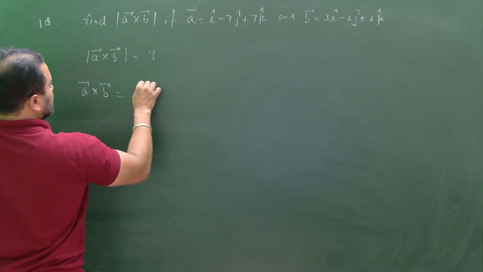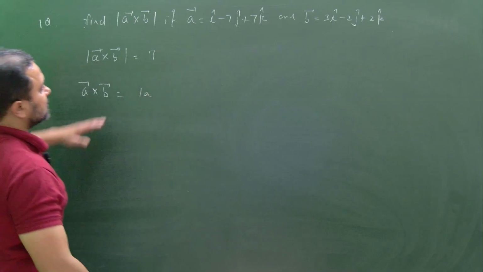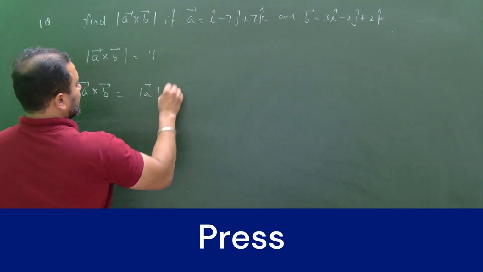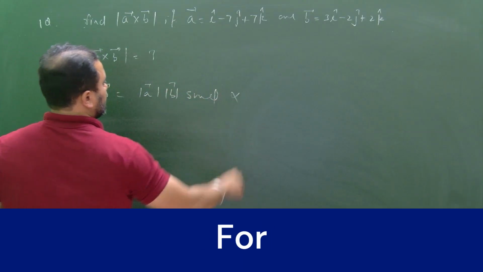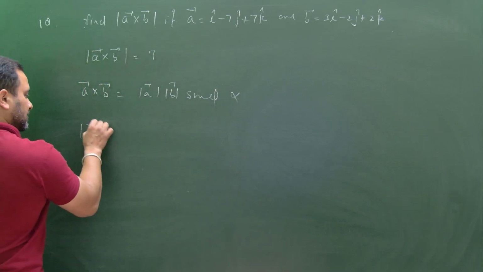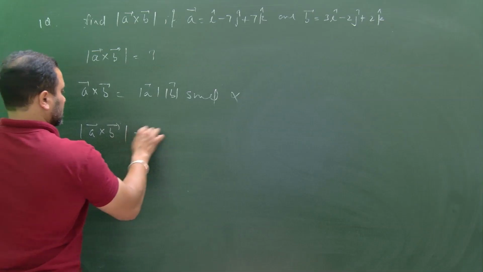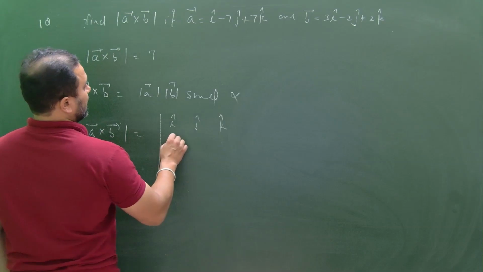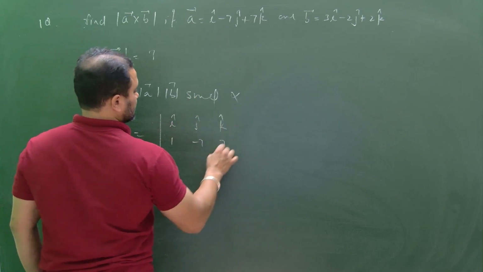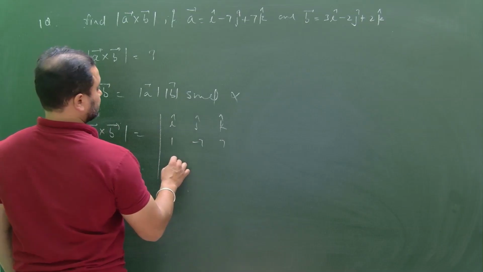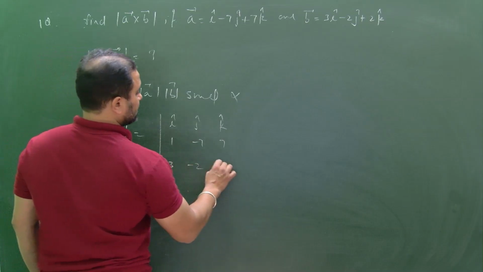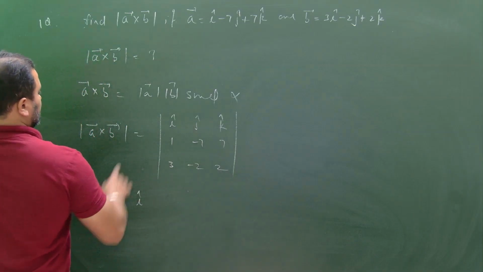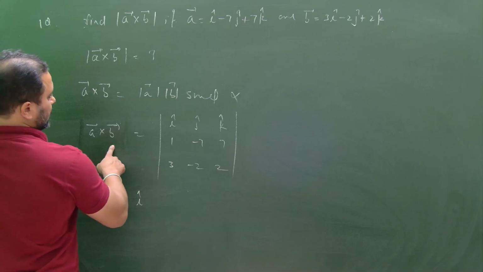Right now हमारे पास इस वक्त एंगल नहीं है दोनों के बीच में, तो ये फॉर्मूला काम नहीं करेगा. तो हमने जो लास्ट में डिस्कस किया था, the modulus of i j k, and this is 1, minus 7, 7, and 3, minus 2, 2. तो इसका क्रॉस प्रोडक्ट हम इस तरह से निकालेंगे.